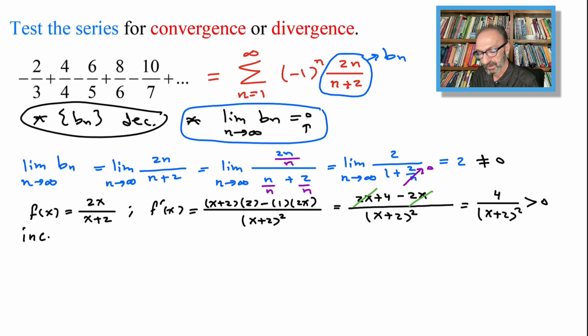If you think about it with common sense, let's call it that way, the top part is 2n or 2x, and the denominator is x plus 2. Notice the top part is a straight line with a slope of 2, and the denominator is a straight line with a slope of 1.